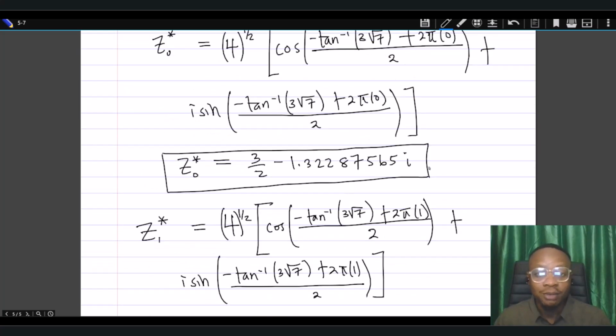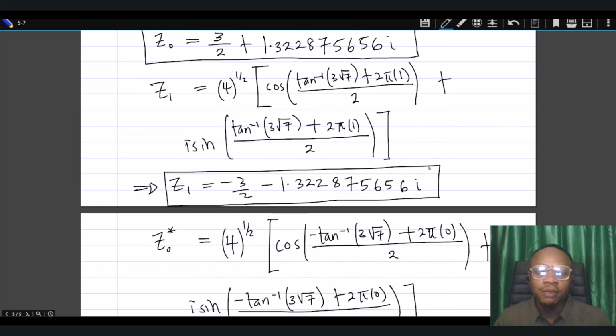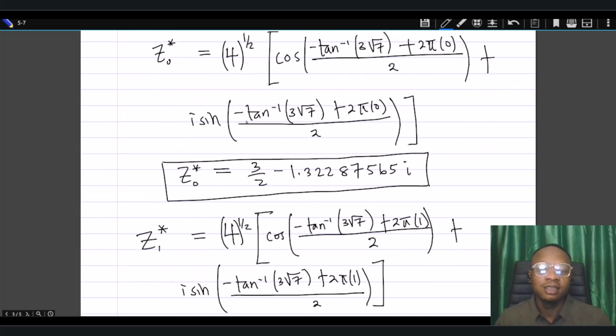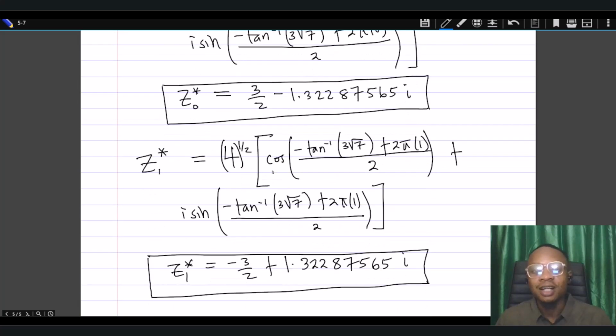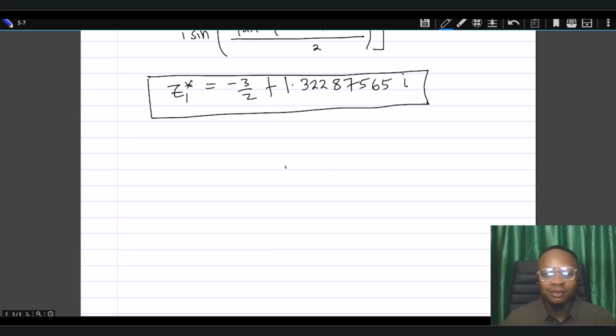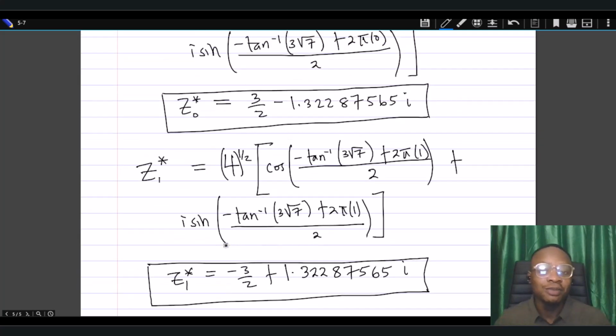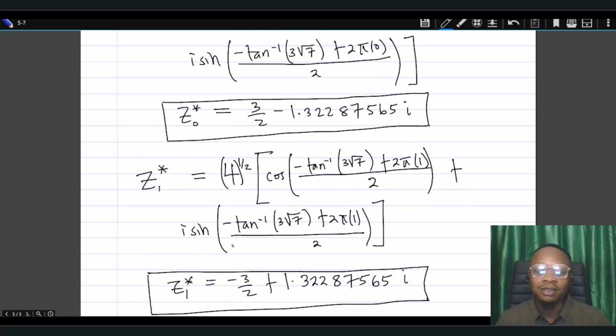And of course, we can summarize this. We know this z0 here is a conjugate of z0 star. So we can write them together. We can now say that therefore z is equal to 3 over 2 plus or minus, plus or minus is how we can put those two results together in one place. Of course you can list them all out again and say that's your result, but it's fine.